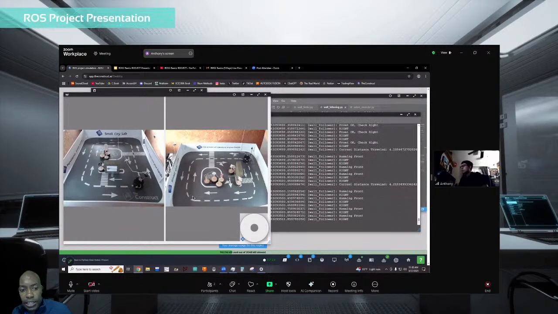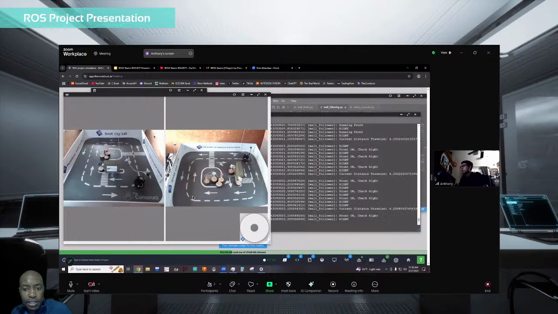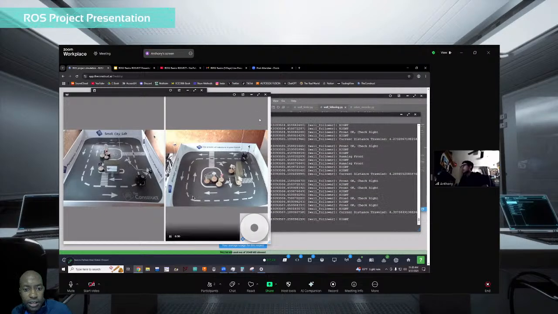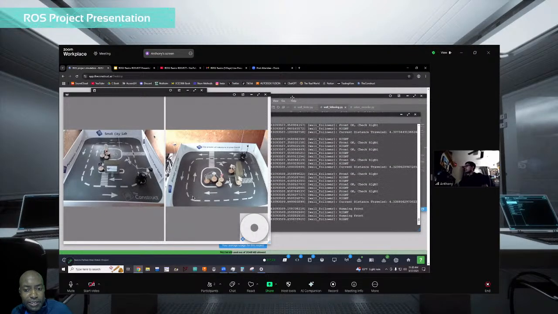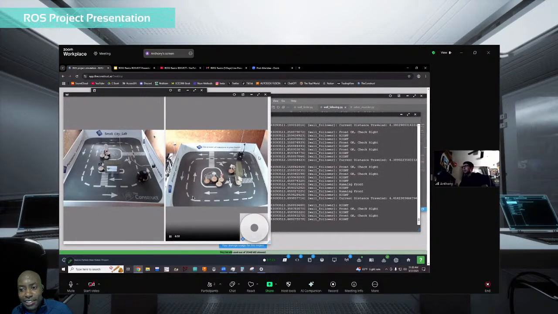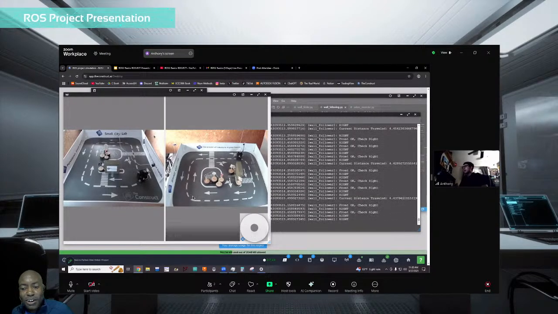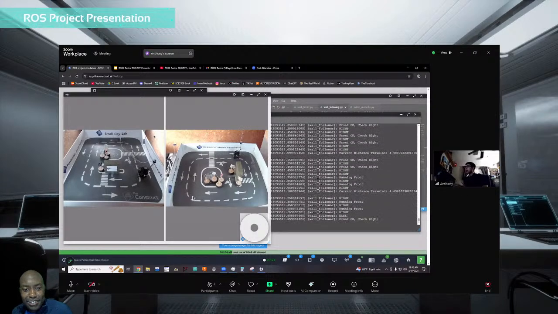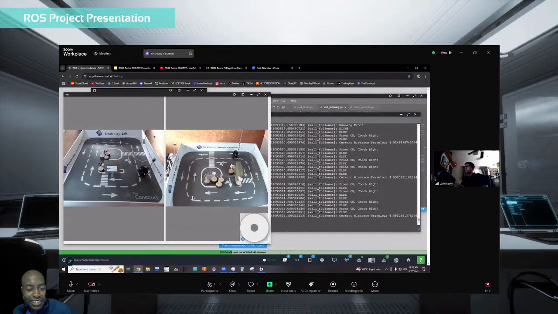How are you handling the scan data? Are you handling that in your action, or did you create a separate service for that? No, it's in this client code. The action client and the service client are the same. I put it all in one. I'll show you what I mean when we get to the code. I see. All right.